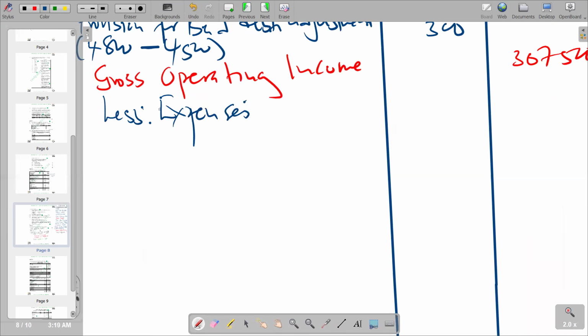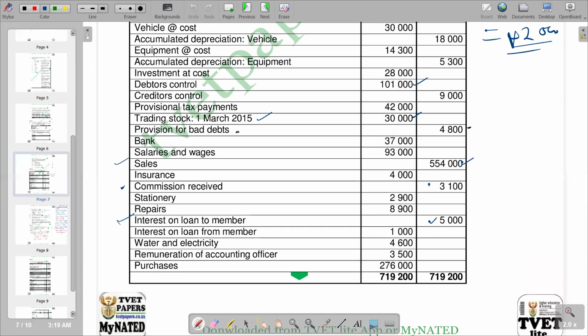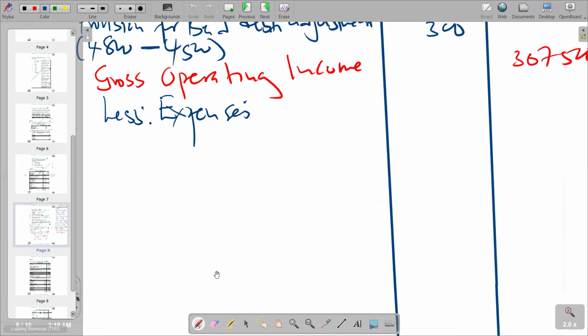So for less expenses, we go to our list of balances and check all the expenses that we have going down. First, we've got salaries and wages here, and we've got an amount of 93,000. So we go to external information to see any adjustment about salaries and wages.